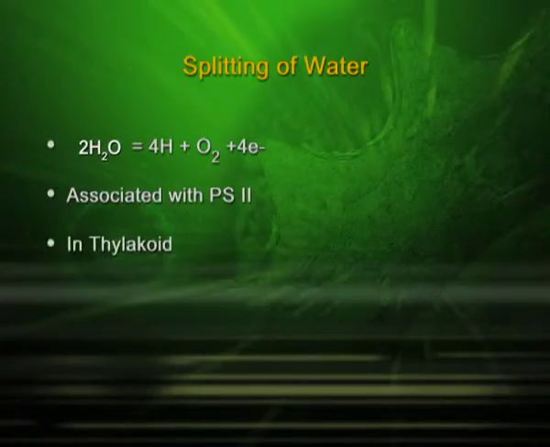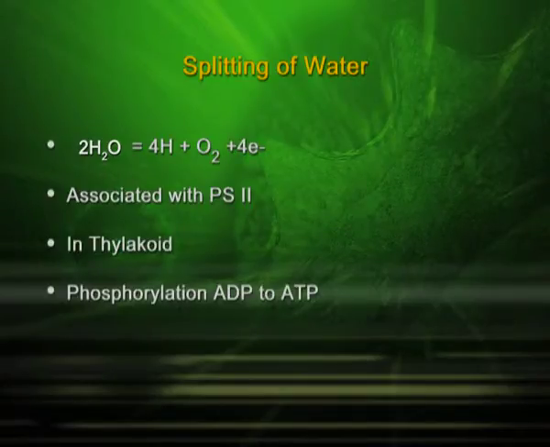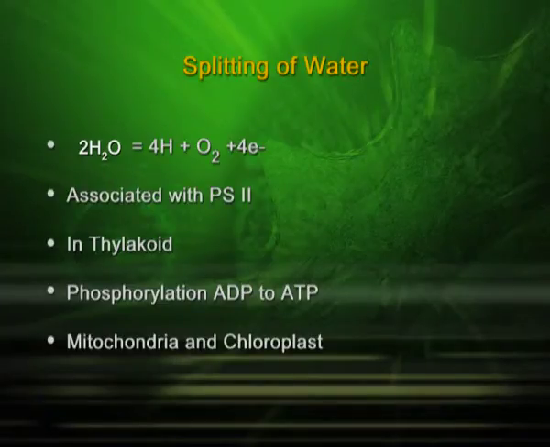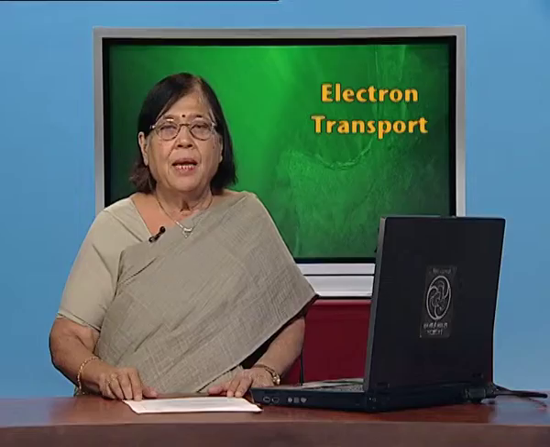Because PS2 has the reaction center and electrons are produced initially there. So, it should be associated at that point. And it is in the thylakoid. You know the position of chlorophyll and the thylakoid, and it helps in phosphorylation, that is conversion of ADP to ATP. ATP is the source of energy, and this is happening in mitochondria and of course in chloroplast. So, this is about splitting of water, and now we move forward.